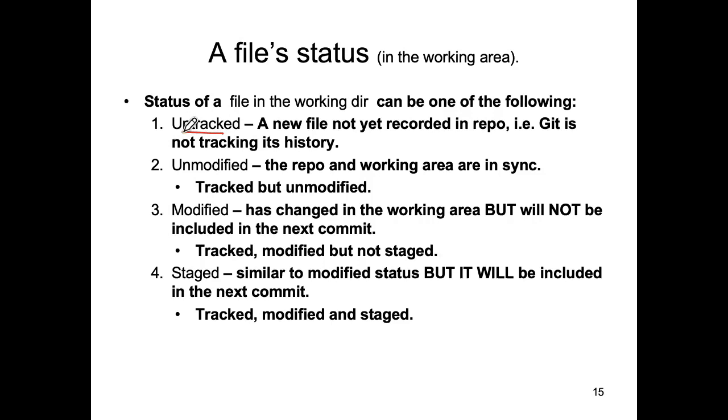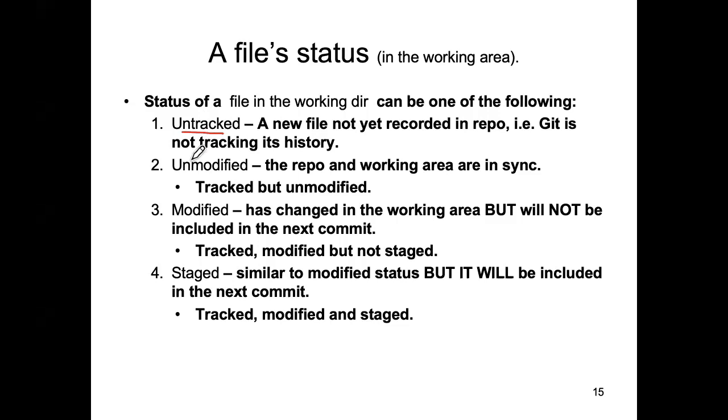More than likely, the next time you do a commit, it will include this untracked file, and now Git does know about it. But initially, it's categorized as untracked. An unmodified file is a file that Git does know about. In other words, there is a copy of it in the repository.